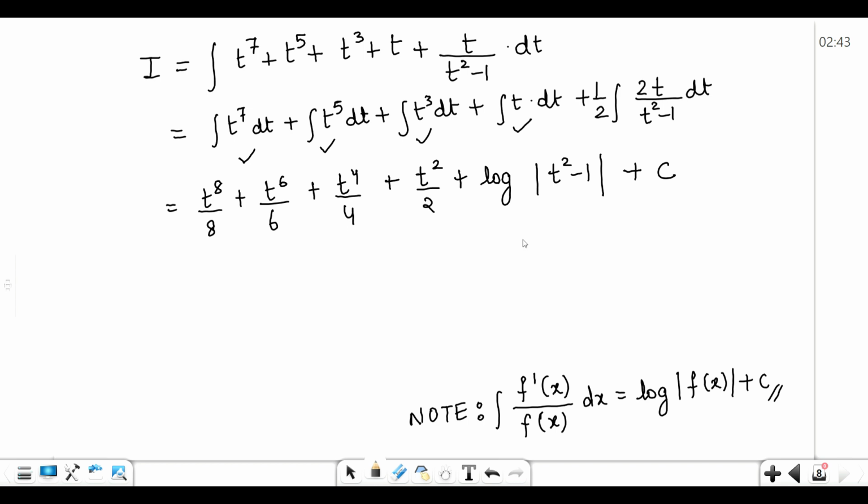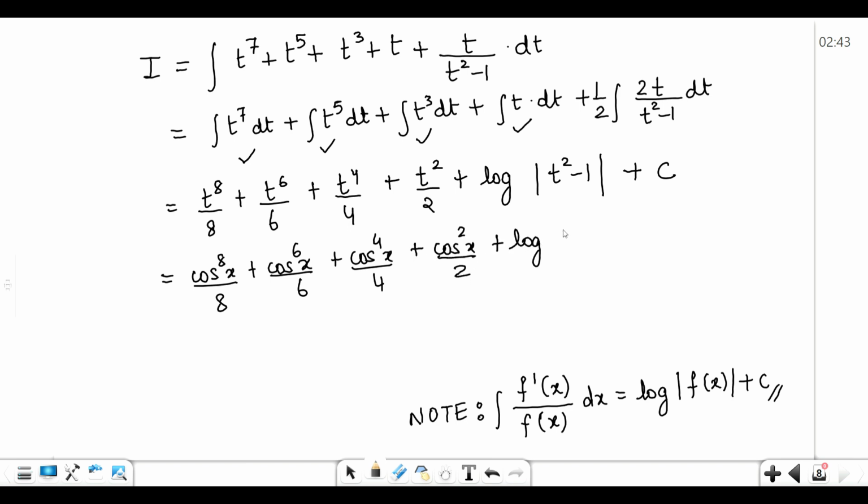And now we can resubstitute with cos. So this becomes cos raised to 8 upon 8, cos raised to 6 upon 6, cos raised to 4 upon 4, cos raised to 2 upon 2, and this will be log of cos square x minus 1, plus c.